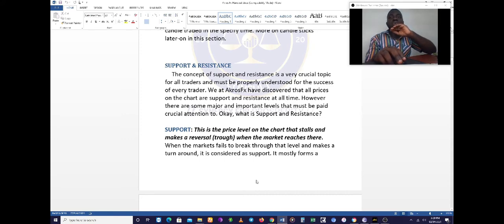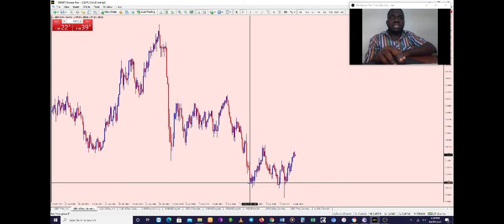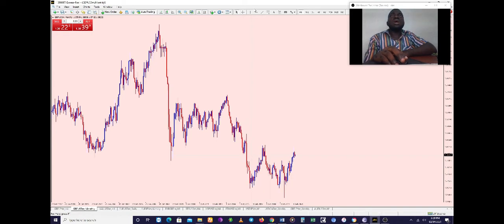In other words, what I'm basically saying is that when the market gets to a price like this and it fails to break through, then we call it what? A support.